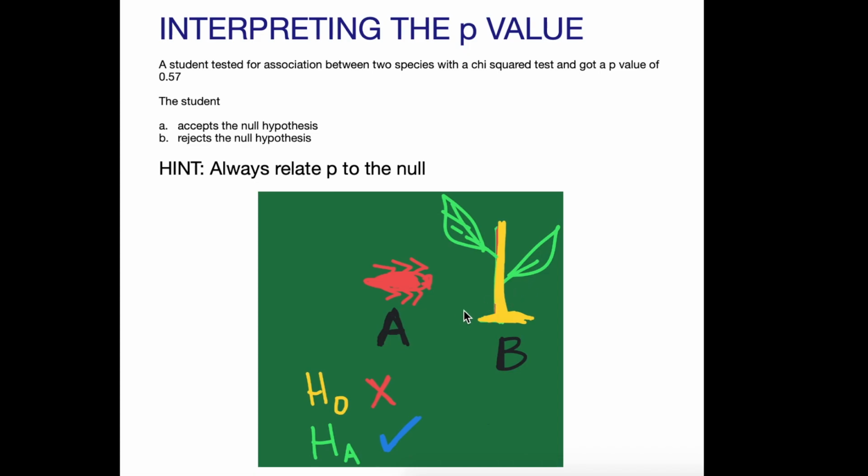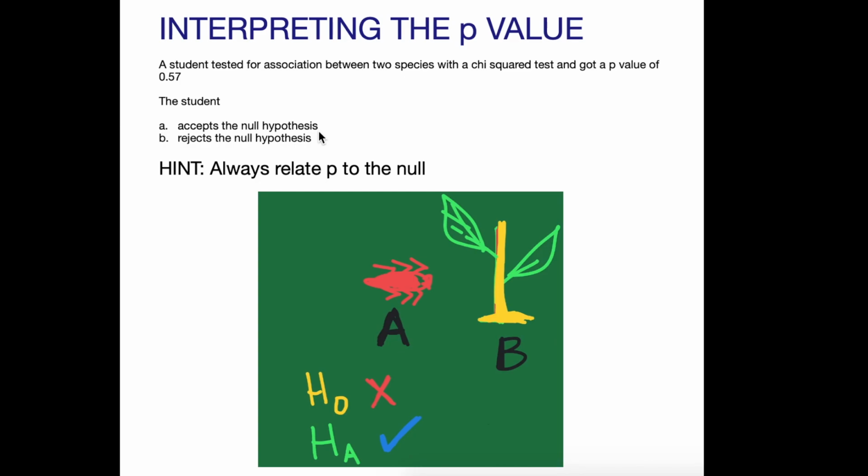And then your secondary focus should be on the alternate hypothesis, which says there is an association between A and B.